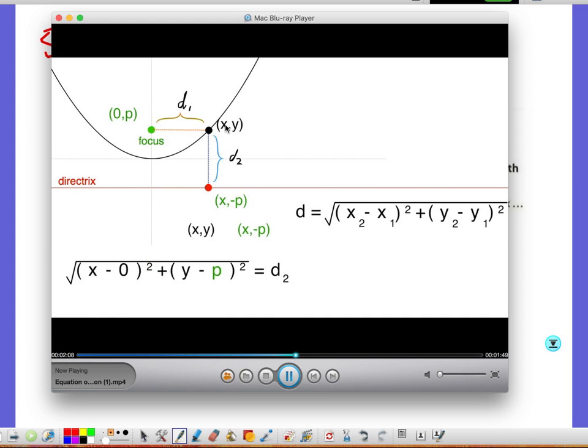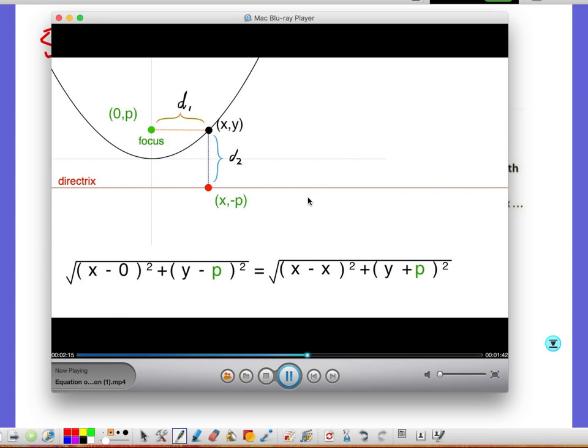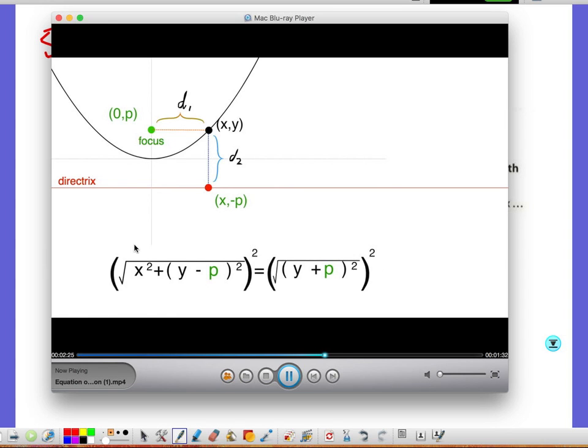To get D2, we take the endpoints (x, y) and (x, -p) and substitute those points into the distance formula. Now what we're going to do next is do some algebra to simplify this equation. So to get rid of the square roots, we need to square both sides.